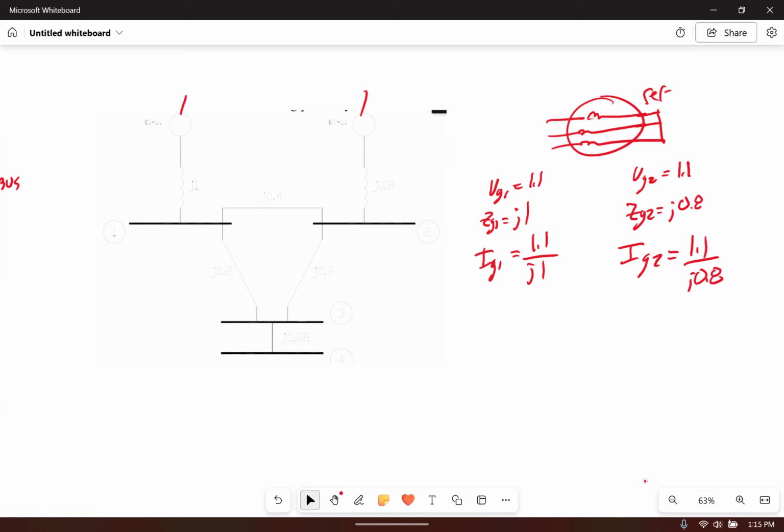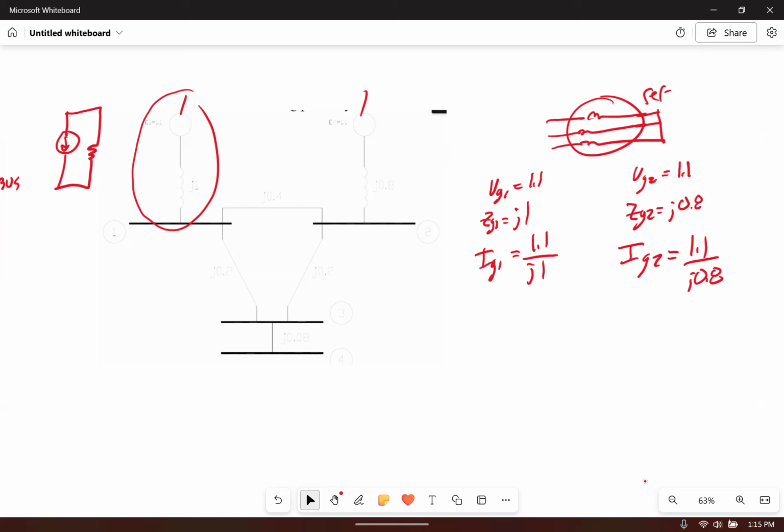So my diagram, I'm going to modify this to be a current source in parallel with its impedance. Both of those are just going to become current sources in parallel with impedances. All right, so now I have my current source. I have everything.